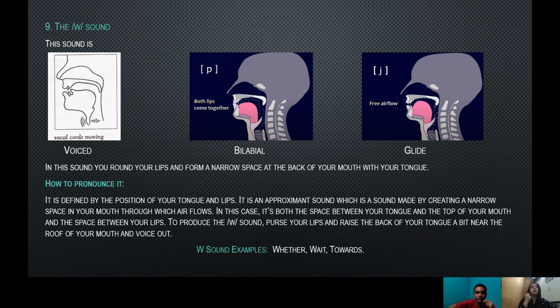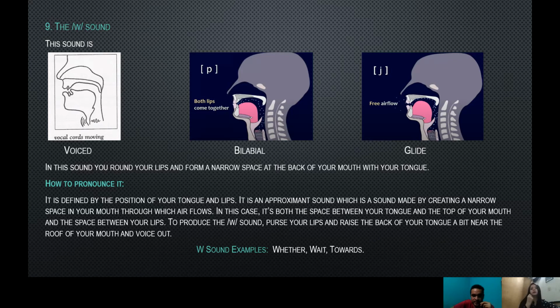The W sound. This sound is voiced bilabial glide. In this sound, you round your lips and form a narrow space at the back of your mouth with your tongue. How to pronounce it? It is defined by the position of your tongue and lips. It is an approximant sound, which is a sound made by creating a narrow space in your mouth through which air flows.